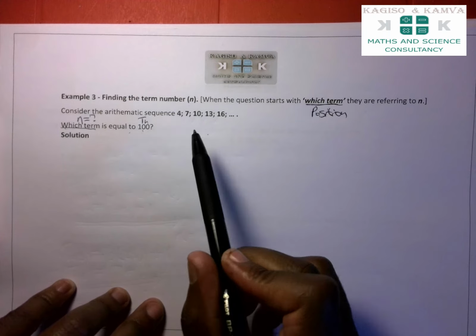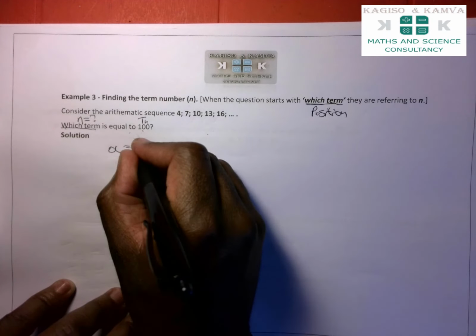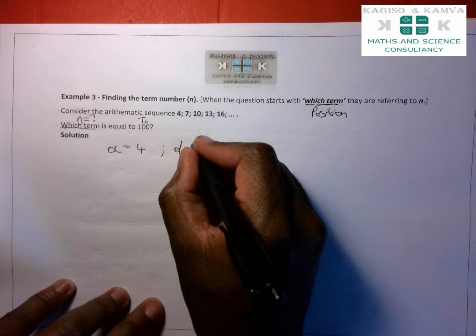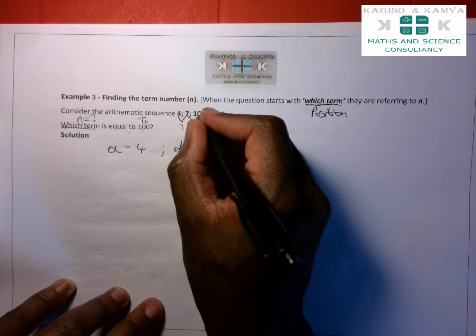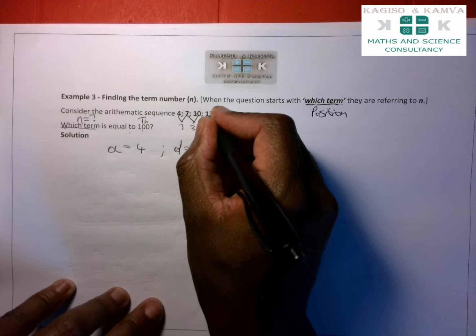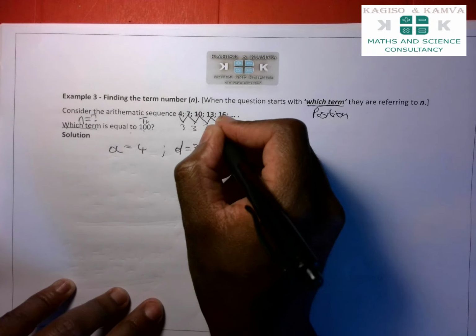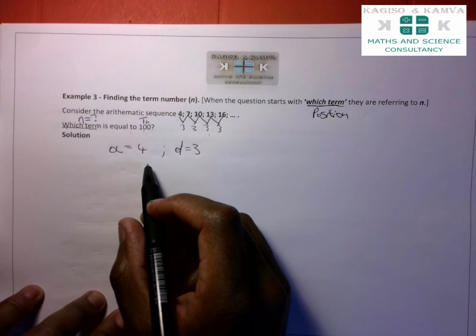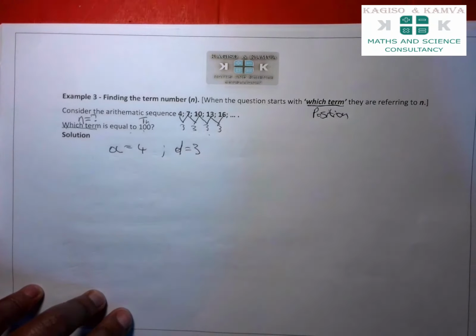Okay, we know our a is equal to 4, and our difference is equal to 3. How did you get that? You said 7 minus 4, 10 minus 7, 13 minus 10, and 16 minus 13 is 3. You can see the difference is there. Now what are we going to do? We were able to determine the general term equation by substituting these two.